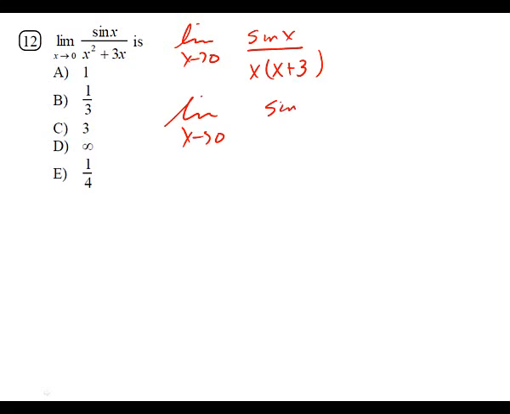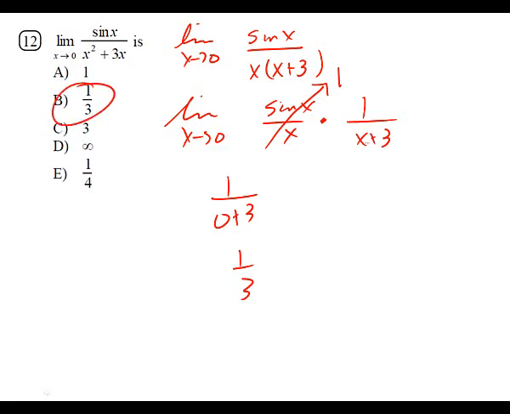I could rewrite it as sine x over x times 1 over x plus 3. Do we understand what I did? I broke it into 2 separate fractions with multiplication. What does this limit go to? 1. So now could I just plug in the 0? 1 over 0 plus 3 is going to be 3, so 1/3.